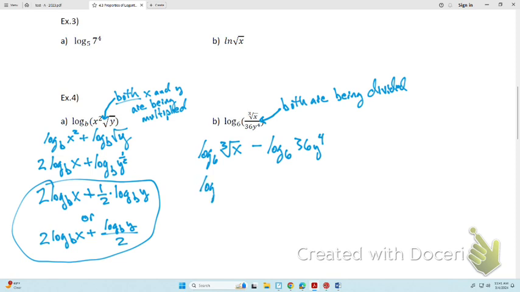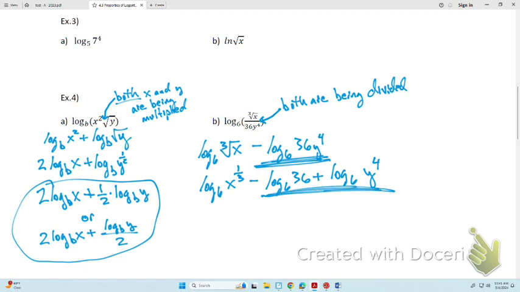We have log 6x to the 1/3 minus log 6 36 plus log 6y to the 4th. Now be careful right here, because that's actually wrong. You're subtracting right here that entire log. Well, I still have to subtract this entire thing because those two underlined pieces are equivalent. So wrap it in parentheses. Now it's right.